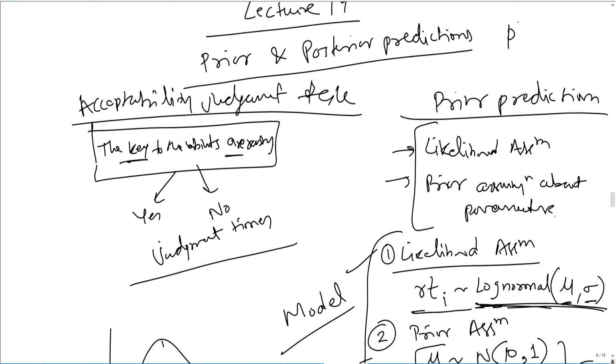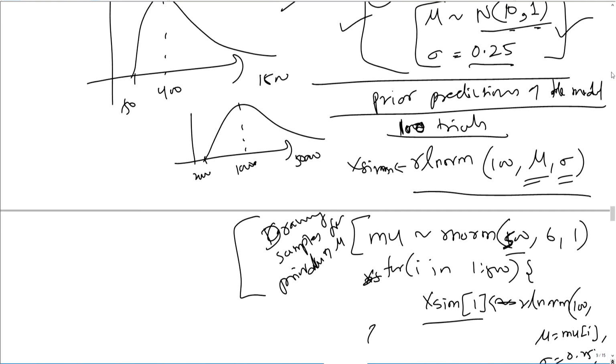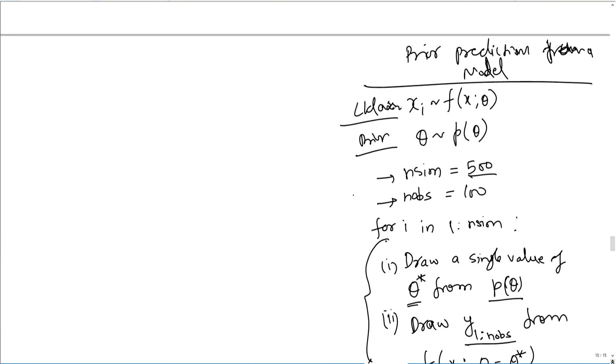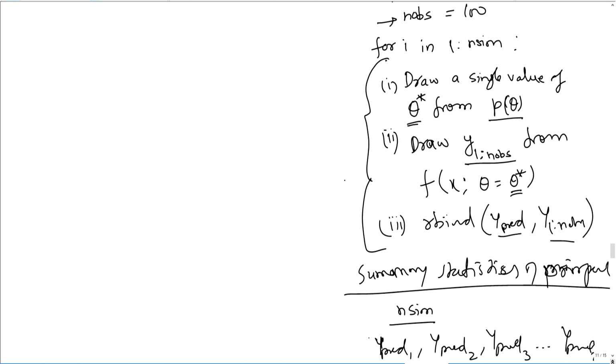So, let us say this is your posterior distribution. Now you use this posterior distribution to generate predictions for future data. Remember, in prior prediction generation you are drawing samples from the prior. Rather than drawing samples from the prior, you draw samples from the posterior.